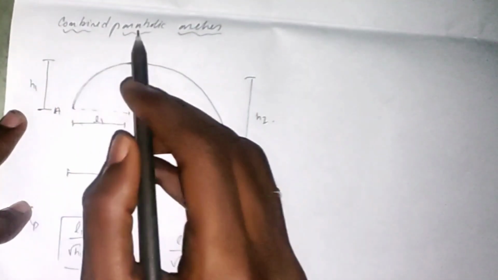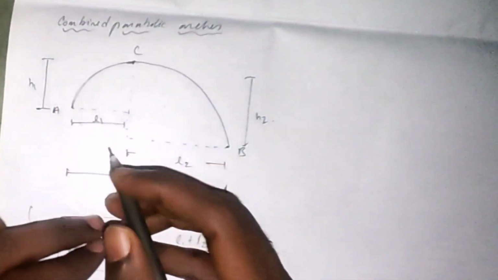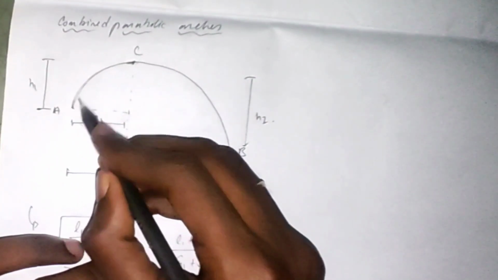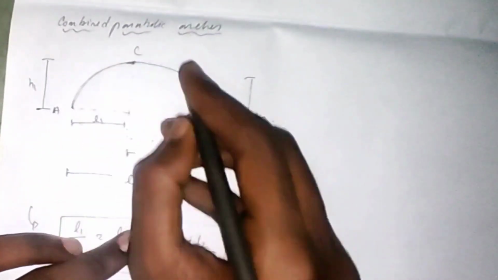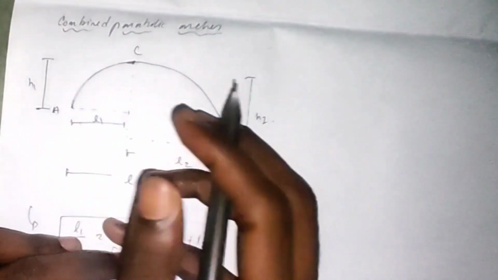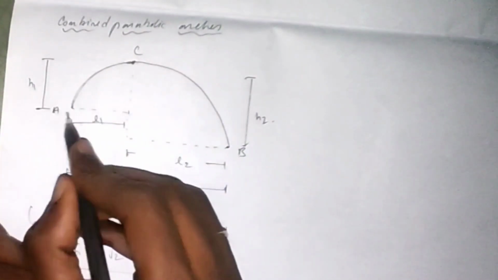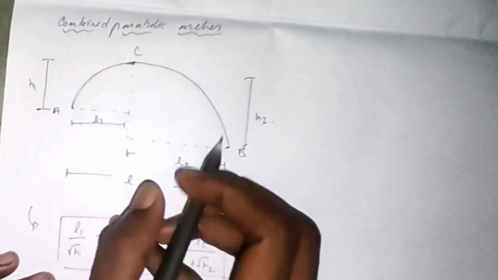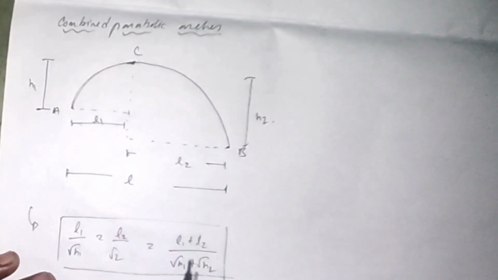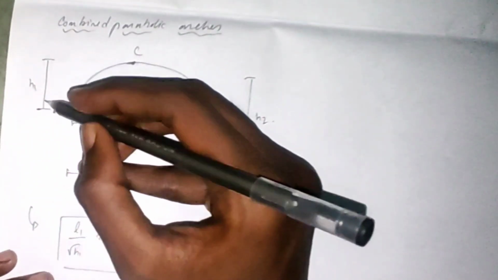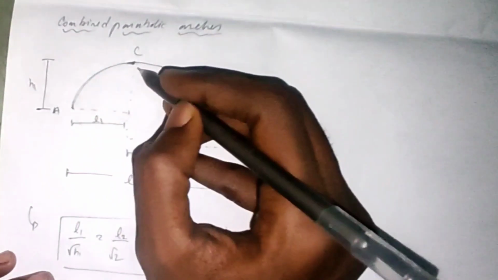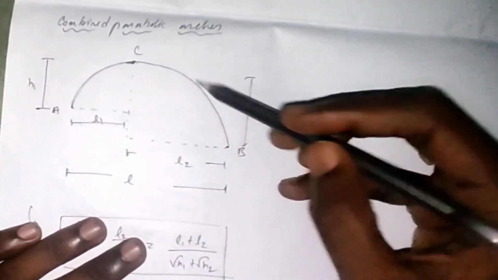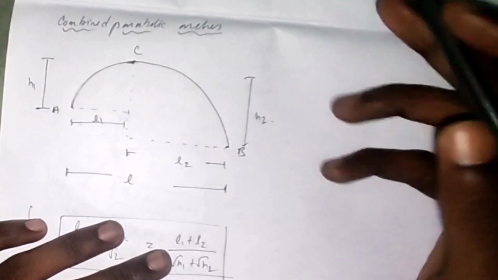This is a combined parabolic arches condition. This arch will be like from A to C, this will be one parabola, and from C to B, this will be another parabola. For A to C, the span length will be L1, and C to B, span length of L2, and for A to C, central rise will be H1, and for this parabola we have rise of H2.